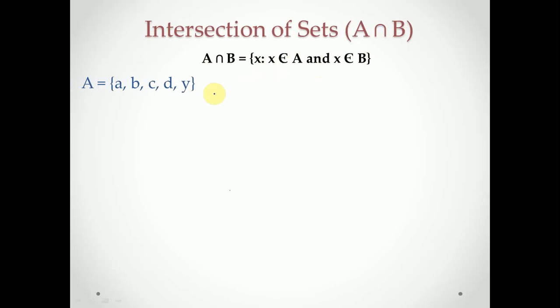So let's take the same set once again, the set A which is A, B, C, D and Y. I'll take the other set, the set B which is P, Q, C, D, Z. Again the same set C, and I'll first make the Venn diagram to understand it in a better way.